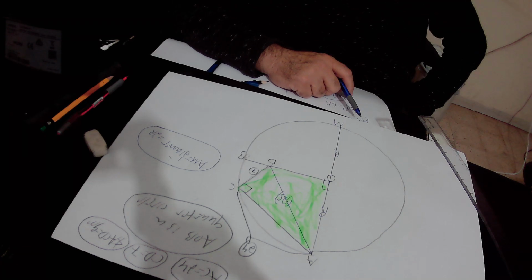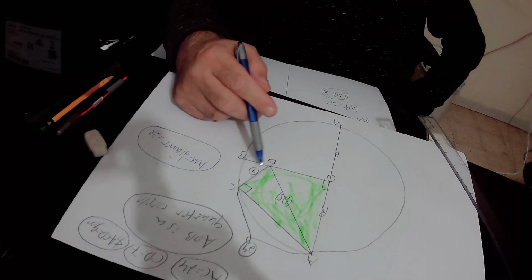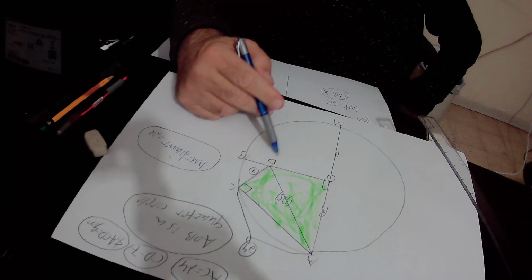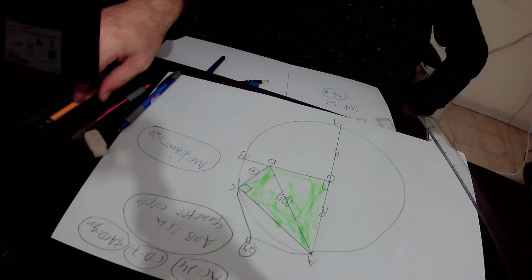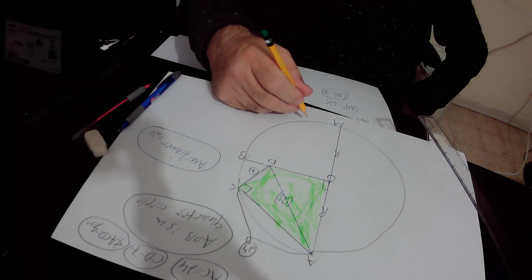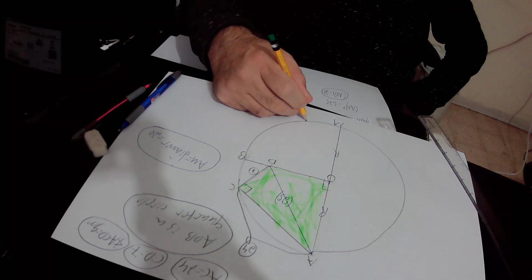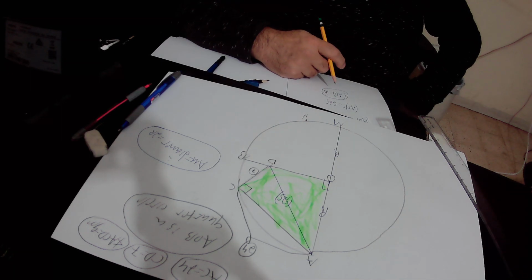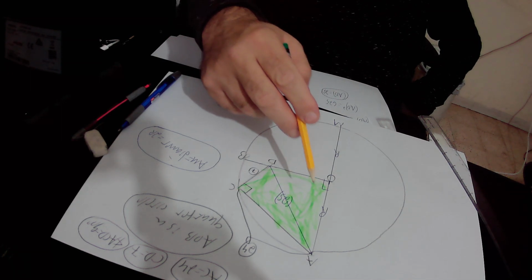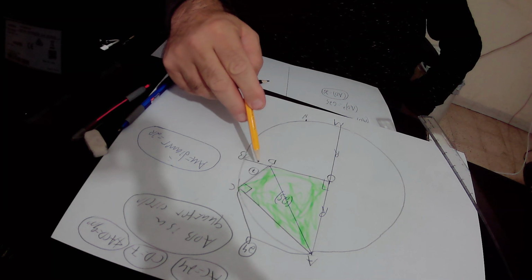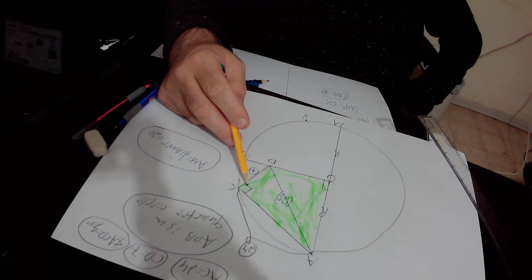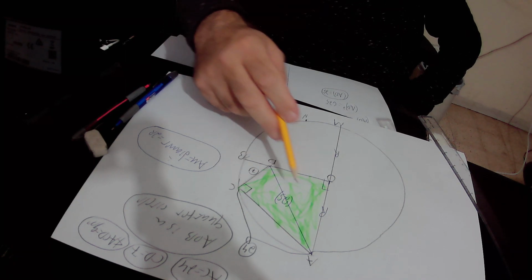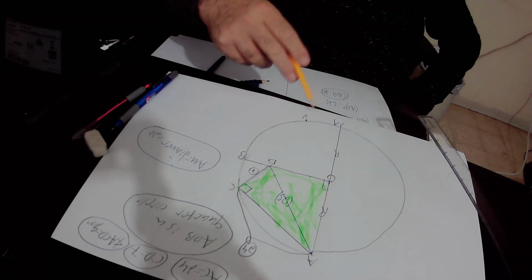We will assume that the extended side CD will touch the circle not at point M but at any other point, like for example it will touch the circle at this point that we will define as point N. So we have angle ACN that is equal to 90 degrees and it rests on chord AN.